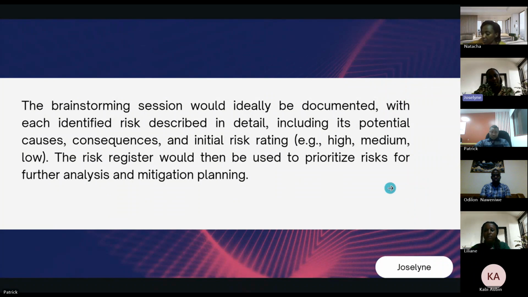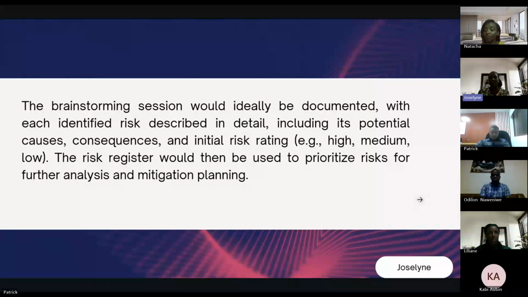Thank you, Lillian. We are going also to talk about the brainstorming session, which results in a risk register, a document with each identified risk described in detail, which means including its potential causes, what the reasons behind it are, what the consequences are, and an initial risk rating.